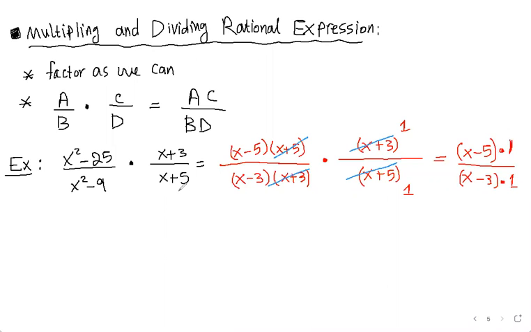Anything times 1 gives the same thing. So the answer is x minus 5 over x minus 3. Any question? Anyone has a question?